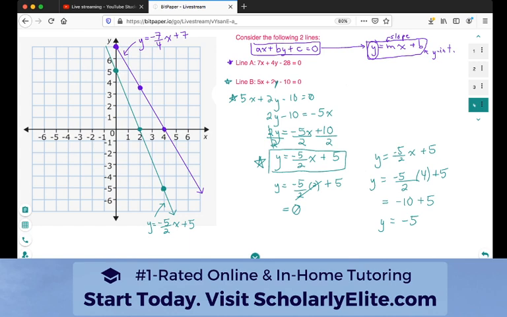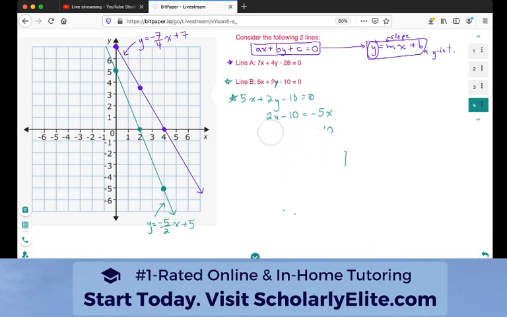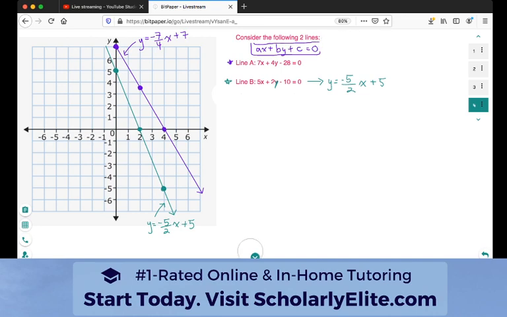I'm just going to erase this stuff here, you guys, so that we can answer this question. So if I've got y equals negative 5 over 2x plus 5, and then I'm just going to erase that so that I can show you guys the other one with the purple.